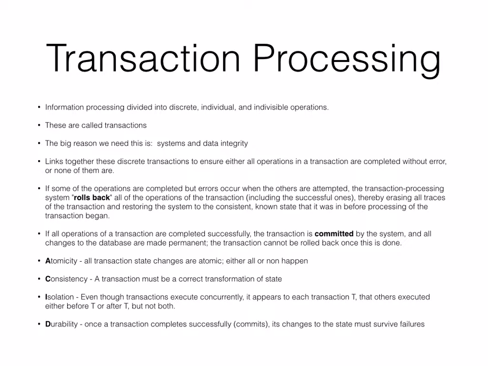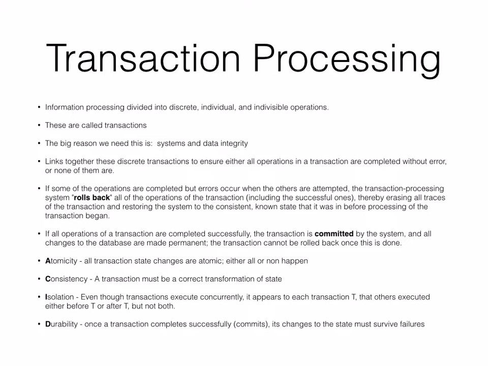The big reason we need this is to have data integrity with respect to the system. So this links together a bunch of very discrete transactions to ensure either all operations in a transaction are completed without error, or none of them are.